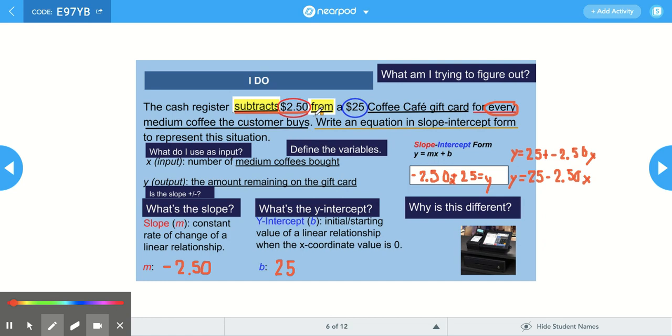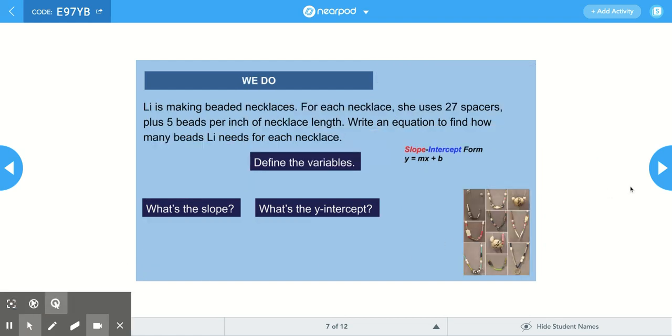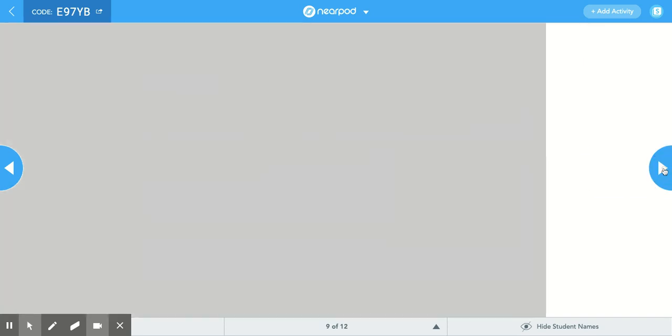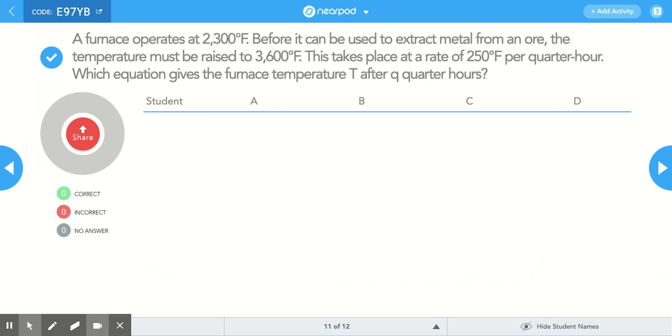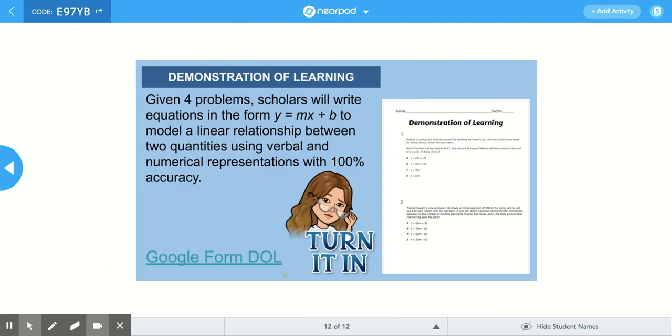In this problem, the slope is negative because we're deducting or subtracting $2.50 every time a coffee is purchased. There are some We Do problems, some You Do problems, and then a multiple choice question before your DOL, which is 4 problems and it's in Google Forms.